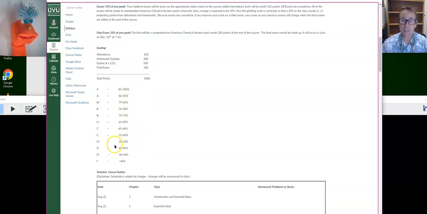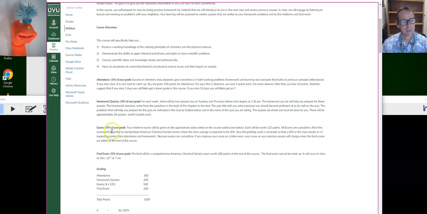If you notice, this grading scale is not a typical grading scale. It's a little bit adjusted, a little bit curved to begin with. We're used to having a 75% be equal to a C in a normal course. Here, 75% is a B, and that is because our exams are questions similar to the American Chemical Society exams.